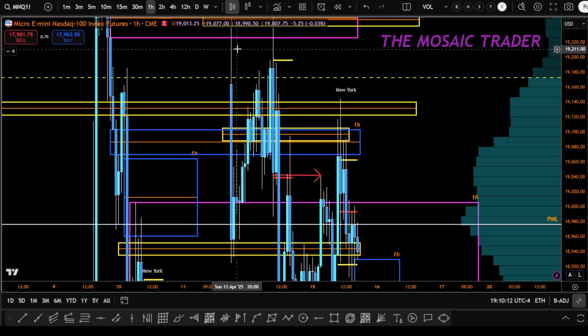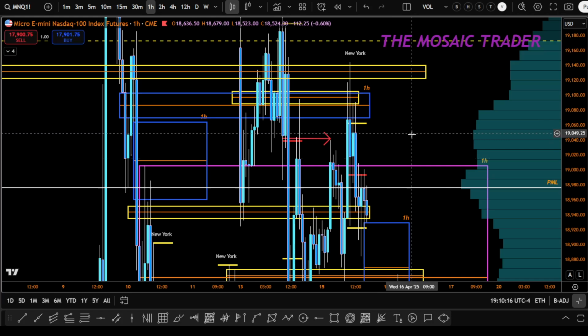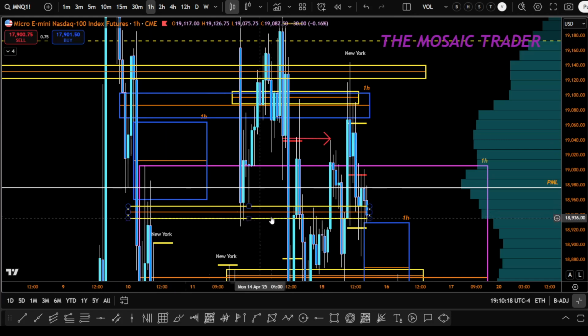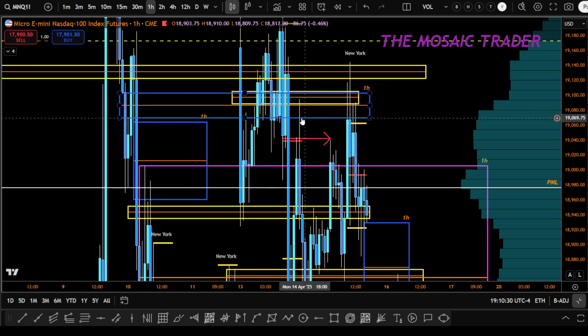So went back down here to where? A high volume area right over here. Bounced up here to this node over here. Down here to the bottom of this fair value gap.